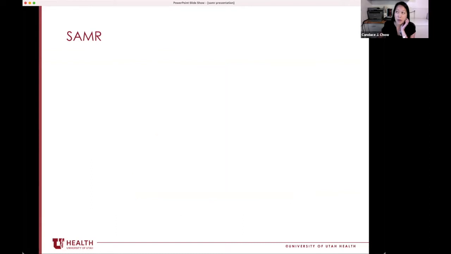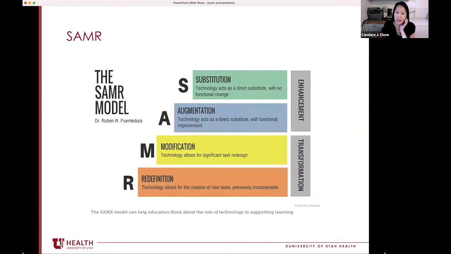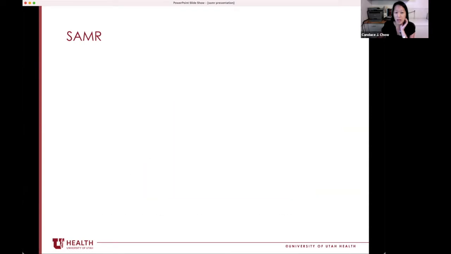And the way we envision this is that instead of having it framed as a hierarchy, we think that the S, A, M, and R are actually all appropriate to use depending on what learning objectives you're trying to achieve. So instead of thinking that you have to get to redefinition in order to have the very best teaching and learning experience, we think of it as, well, maybe you want to get to redefinition if you want to introduce something novel that you wouldn't be able to do without the use of technology.